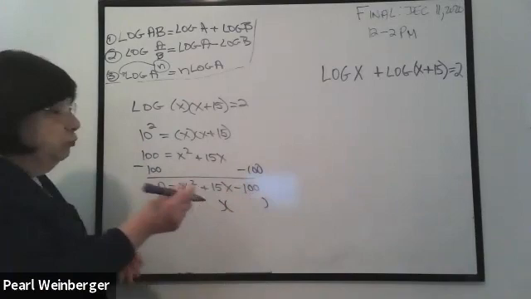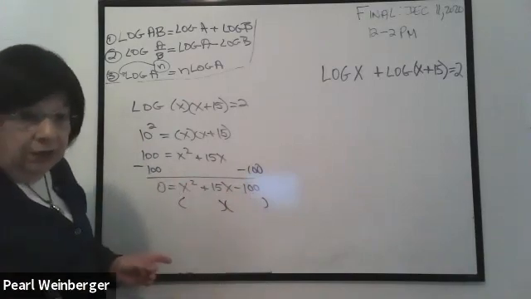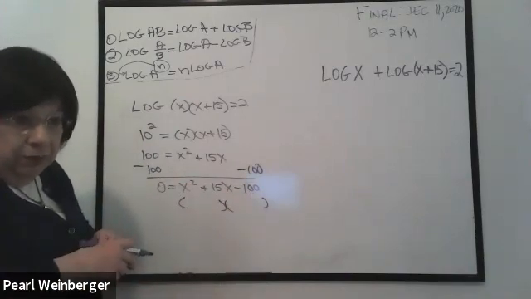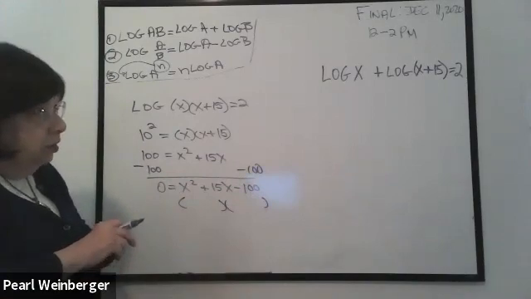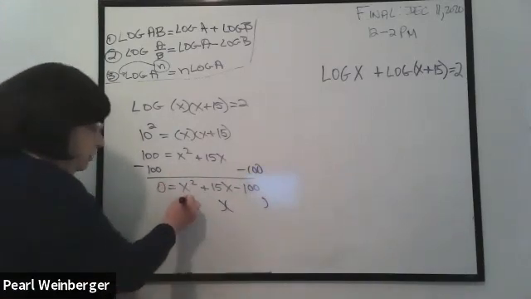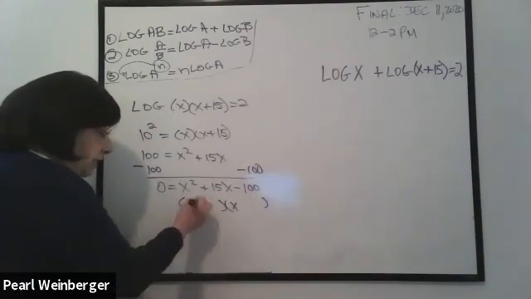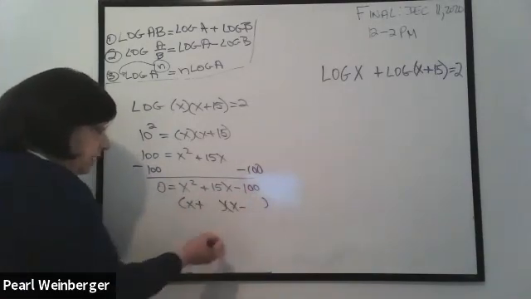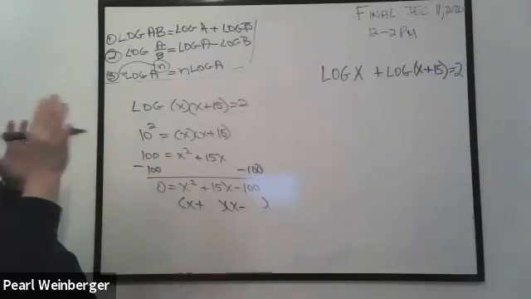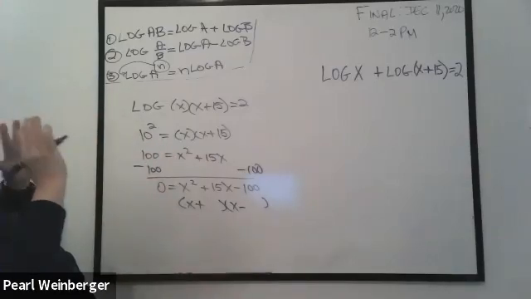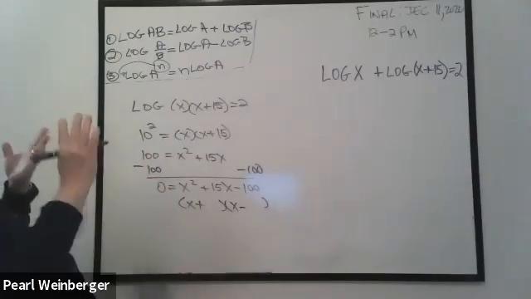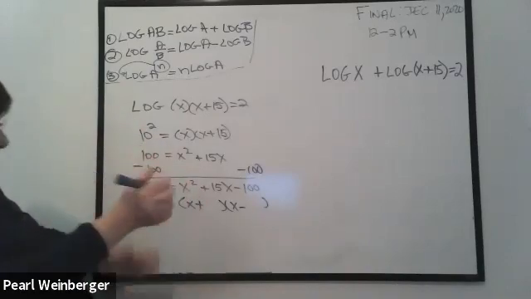They usually give you relatively easy factoring on these quadratic equations that are part of this log example. This is going to be x and x. Since the last term is negative, one is positive, one is negative. And we need two numbers that multiply to 100, but when you subtract them, you're going to get 15. Obviously, that's 20 and 5.